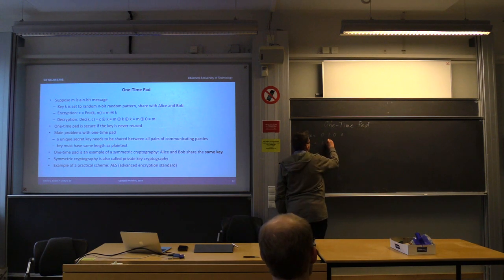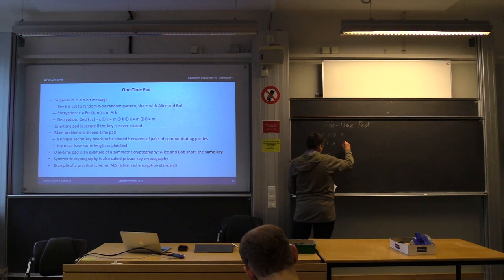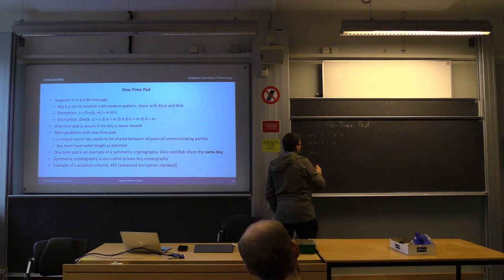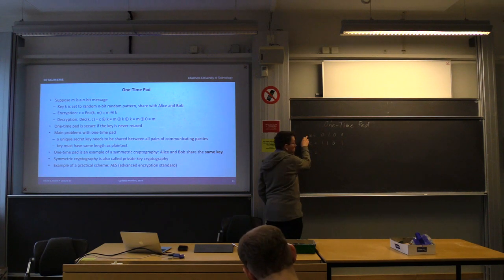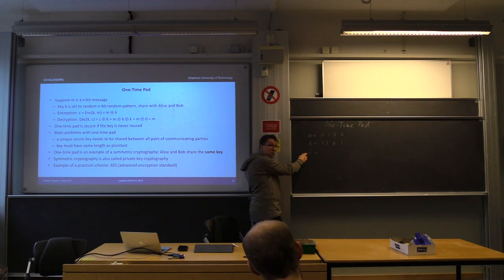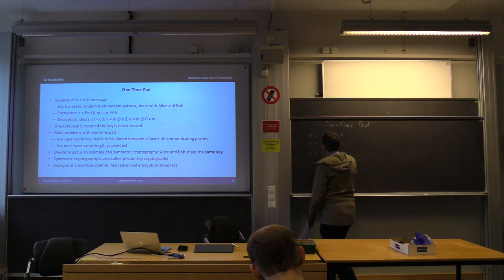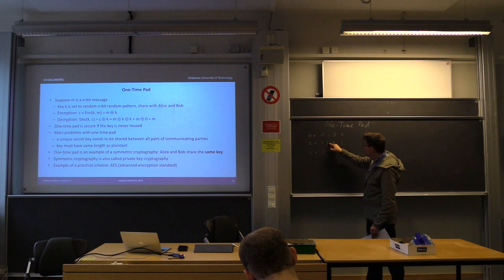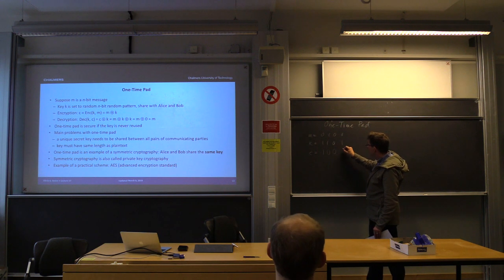Maybe this is 1101, say. So this is the plaintext, this is the key, and this is the ciphertext. The ciphertext is just the XOR, bit by bit. So 0 plus 1 is 1, 1 plus 1 is 0, 0 plus 0 is 0, 0 plus 1 is 1.